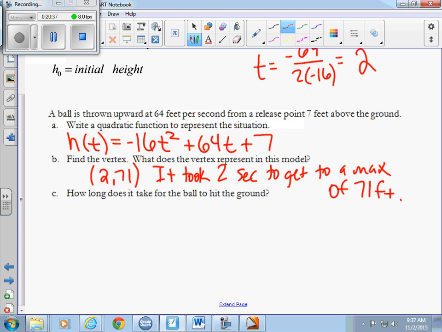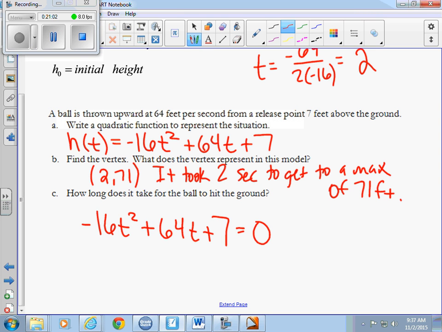So I need to do negative 16t squared plus 64t plus 7 equals 0. Now typically that gives me two answers, right? Am I going to want both of those answers? There's only one ball, and it's only going to hit the ground one time. The other one is kind of a back in time answer, and we don't want that answer. It doesn't make sense. You'll see that when we look at it on the graph.